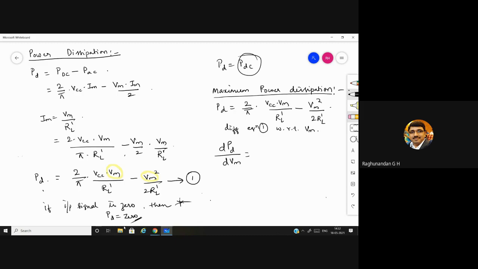Vcc is constant, RL dash is constant, 2 is constant, pi is constant. Only the variable is Vm, and we are differentiating with respect to that. So the remaining thing is 2 by pi into Vcc by RL dash minus, here 2 RL dash is constant, only Vm square we are going to differentiate. So it will be 2 Vm by 2 RL dash, and we can cancel them out.